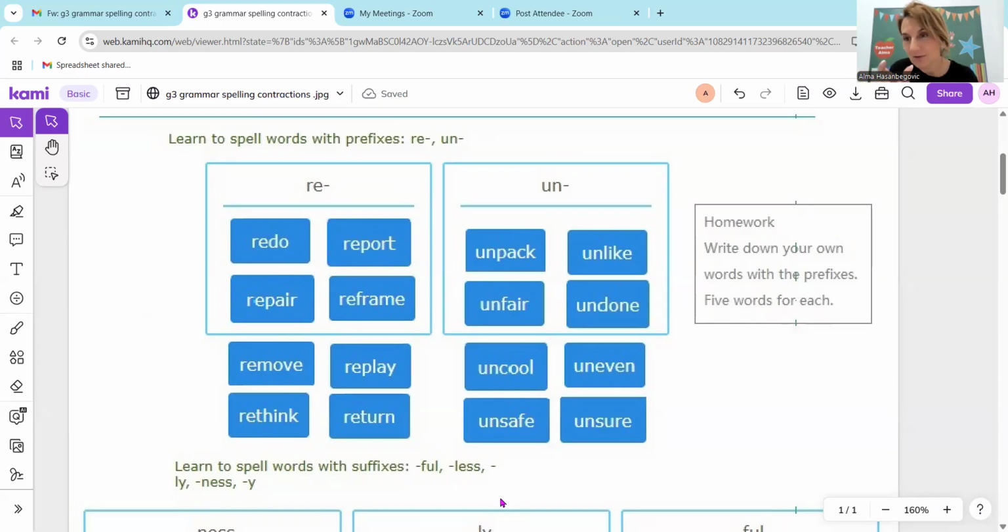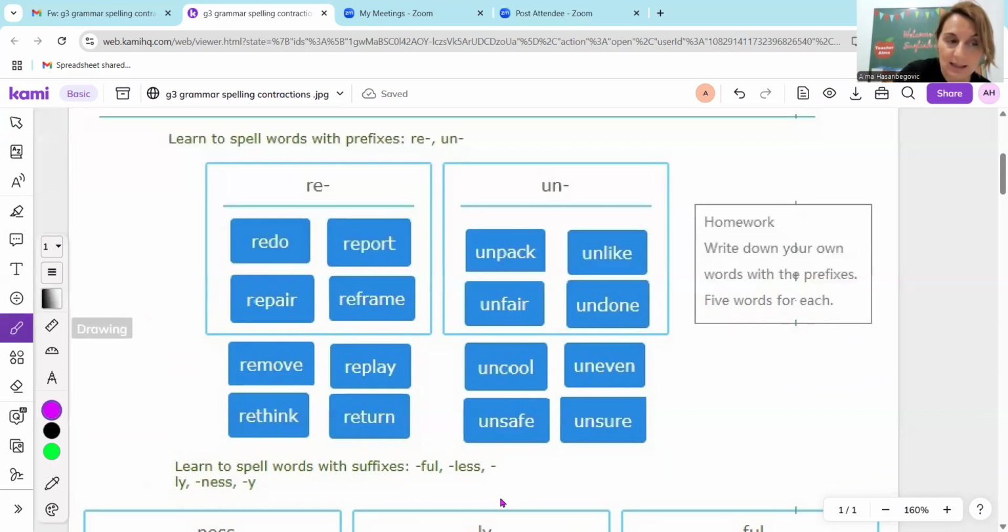Repair, there is a prefix of re there too. Report, reframe, remove, replay, rethink, and return.